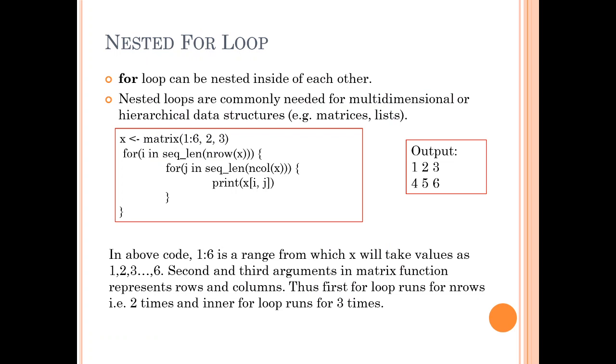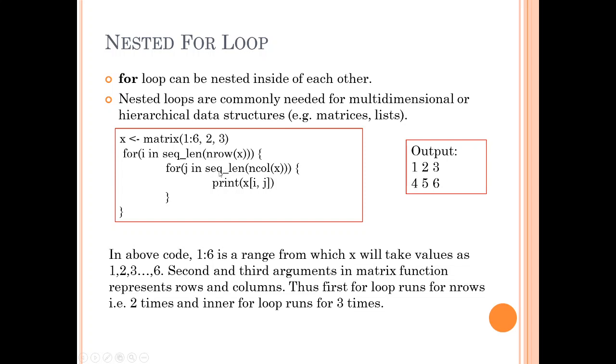So i will be running for 2 values. Our outer for loop will run twice, and for each iteration of the outer for loop, the inner for loop is running for some fixed amount of time. Let us see what that number is.